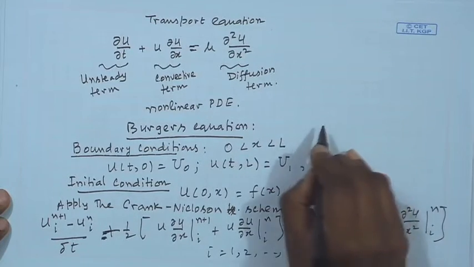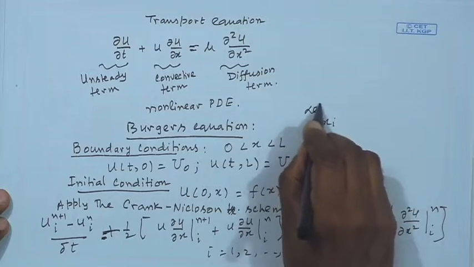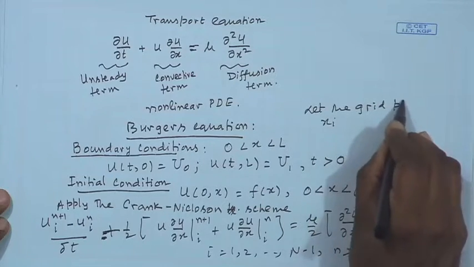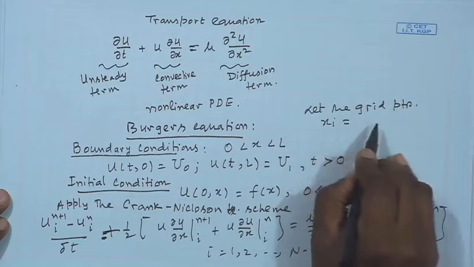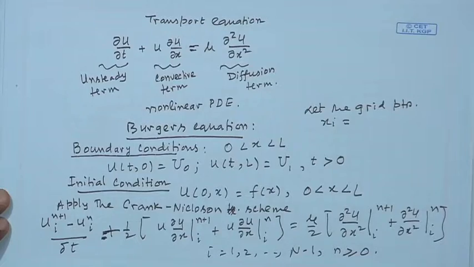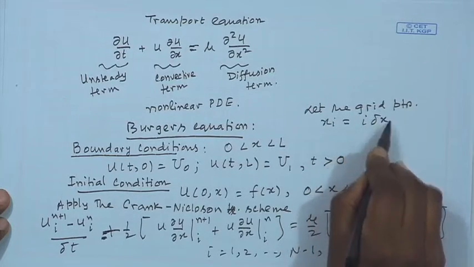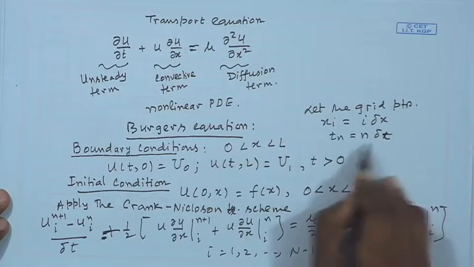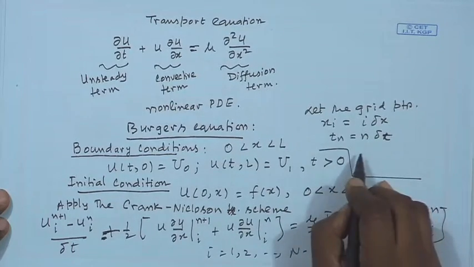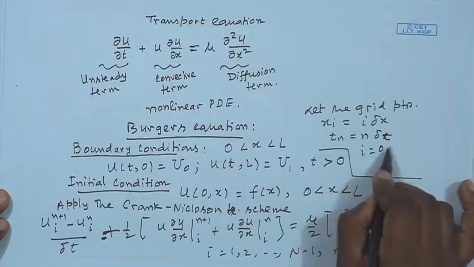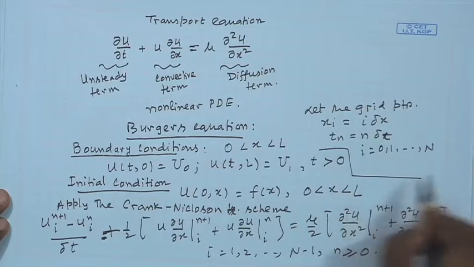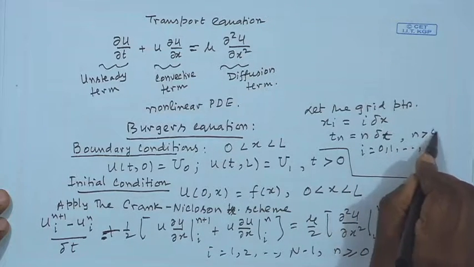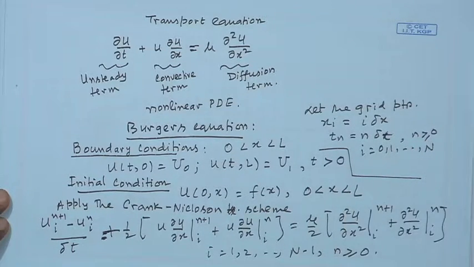Needless to say, we have to choose the grid points. Let the grid points be x i equal to, starting from 0, i delta x, and t n equal to n delta t, where i is varying from 0, 1 to capital N, and n is of course positive, so n greater than or equal to 0.